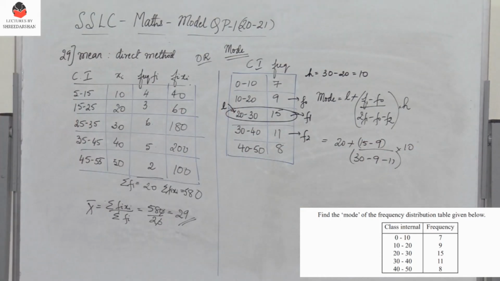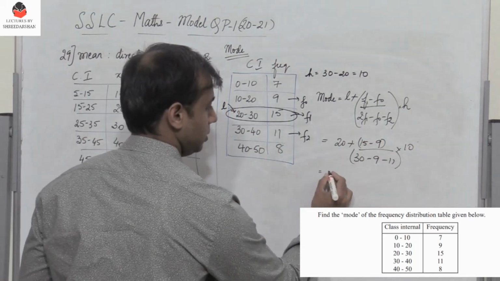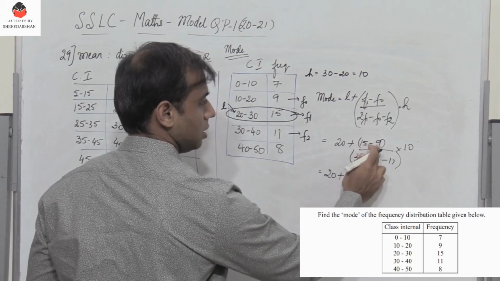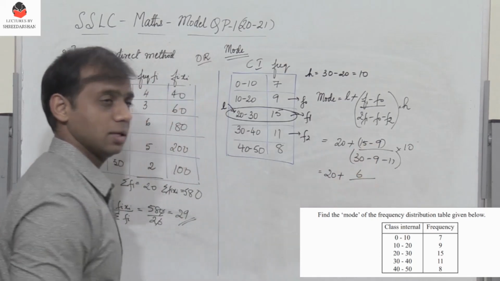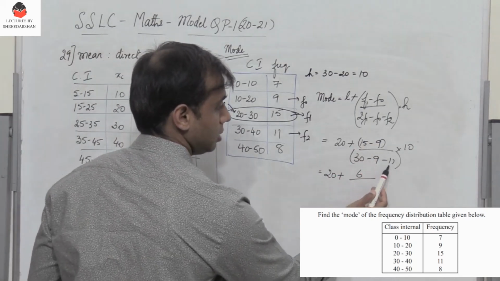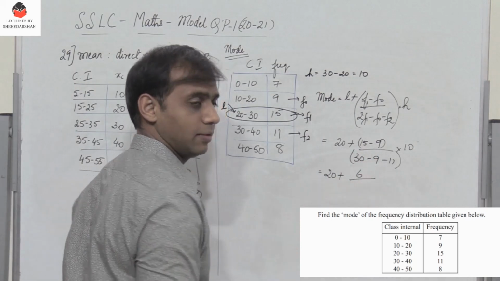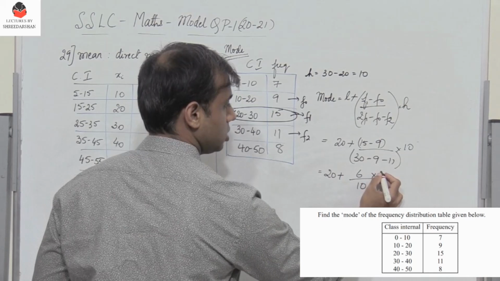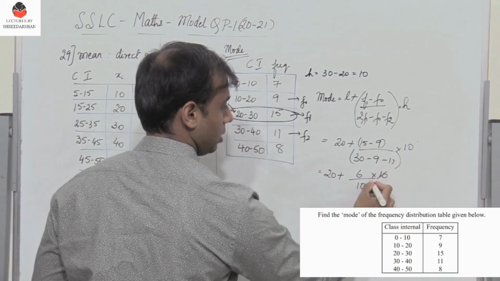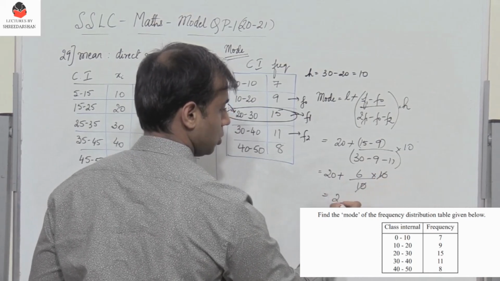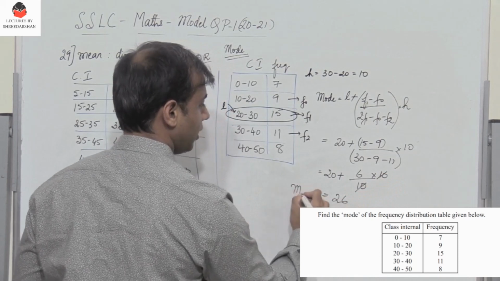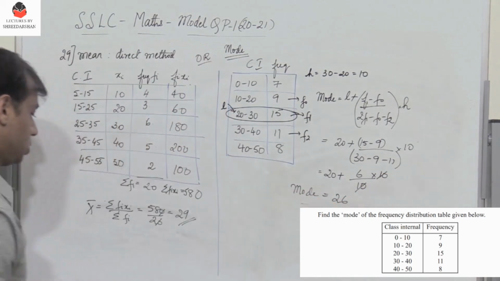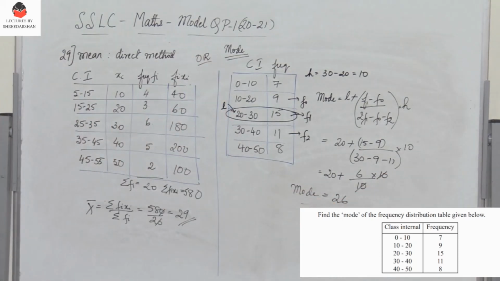So now when we calculate, we get 20 plus, here I have 6, 15 minus 9 is 6, and 9 and 11 is 20. So I get 30 minus 20, which is 10, into 10. So 10 gets cancelled, so I get 26. So the mode value is nothing but equal to 26.